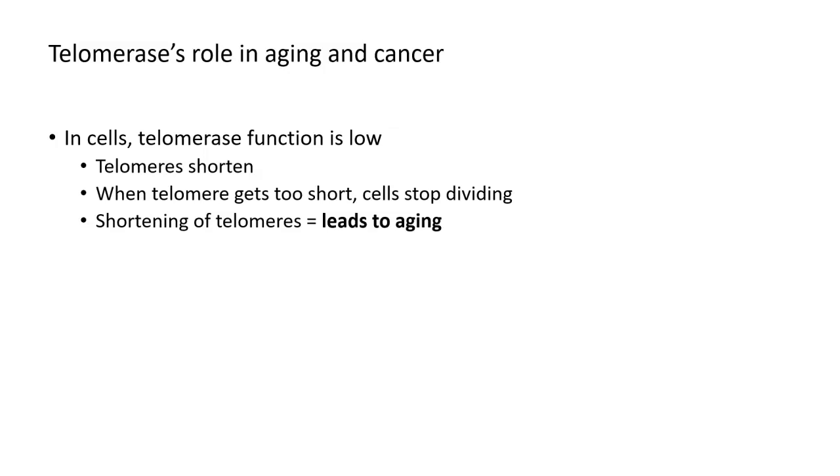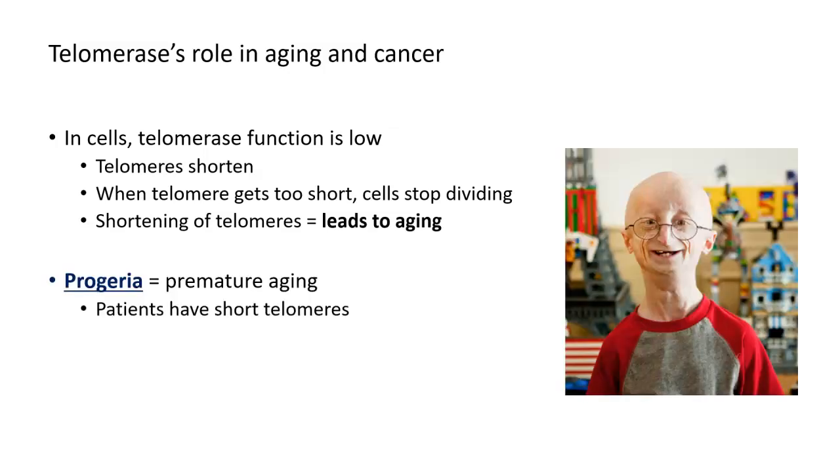We often refer to aging as being related to a shortening of telomeres. As the cells stop dividing and are unable to replace themselves, we tend to see some of the hallmarks of aging in our bodies more acutely. So telomeres getting shorter leads to cell division stopping and aging.